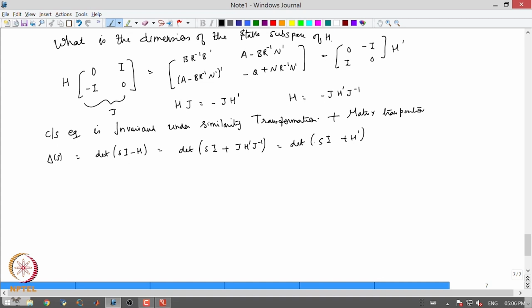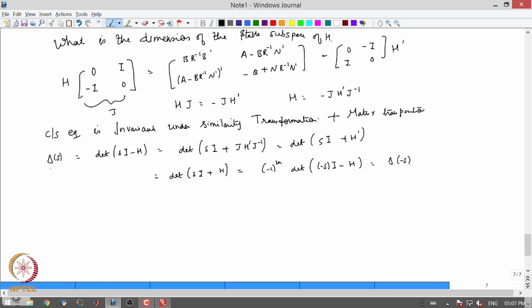Okay. Now, this is equal to the determinant of sI plus H. This is also equal to (minus 1) to the power 2n times the determinant of minus s times I minus H, if I replace s with minus s. This is equal to delta of minus s.